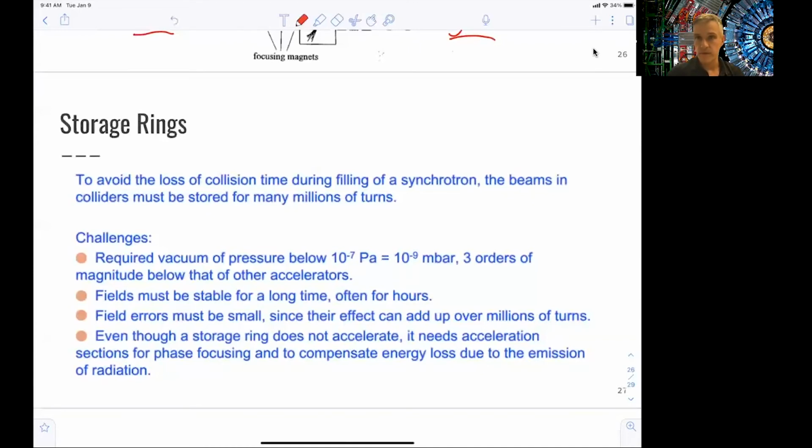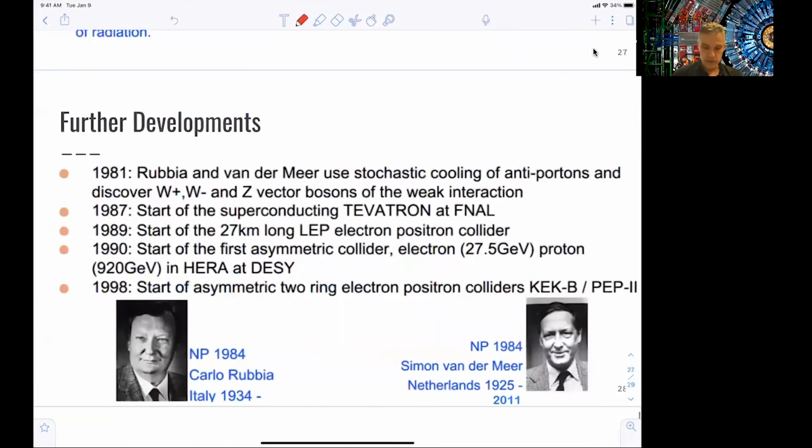For example, there are requirements on your electric grid, such that you have stability in voltages which don't end up changing the actual field strength of your magnet as you go along.